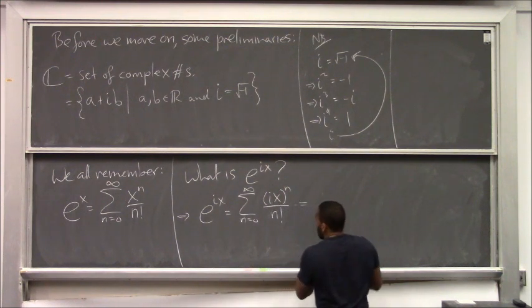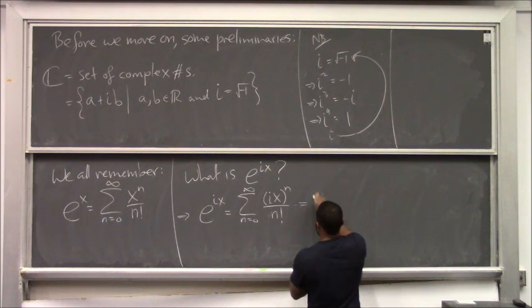That is going to be, pretty much when you start writing this out, you're going to get 1, then minus x squared over 2.